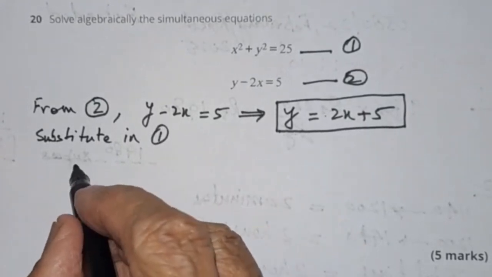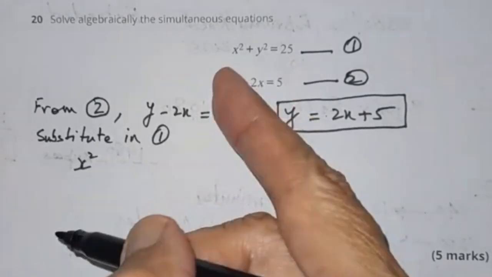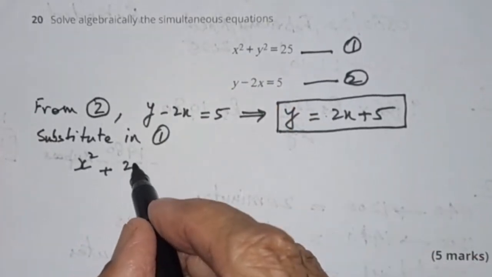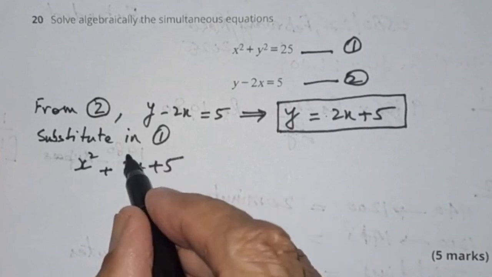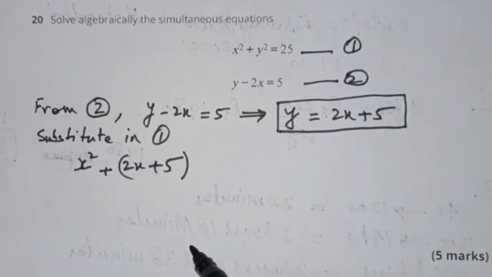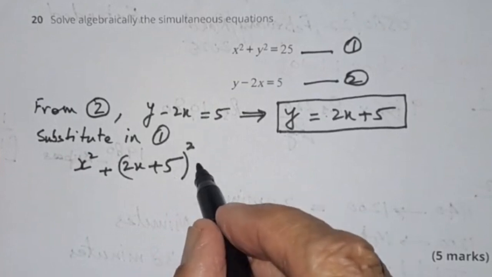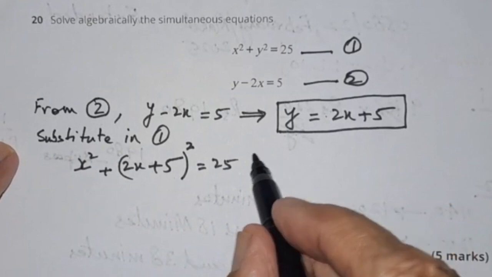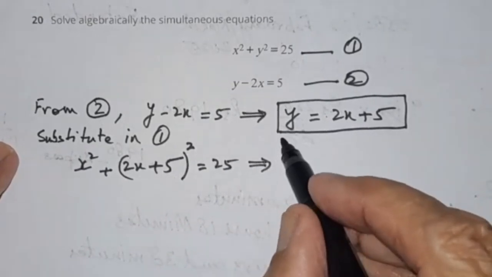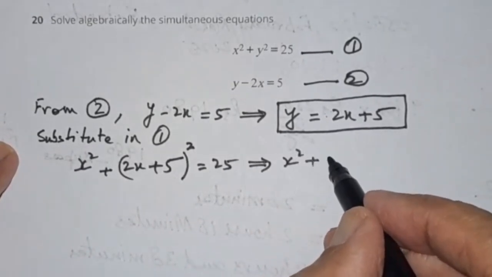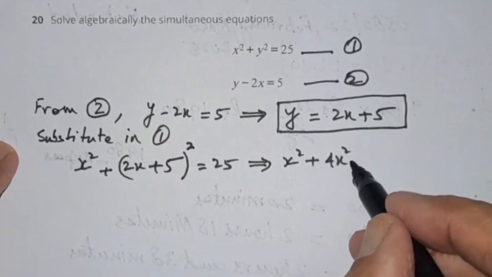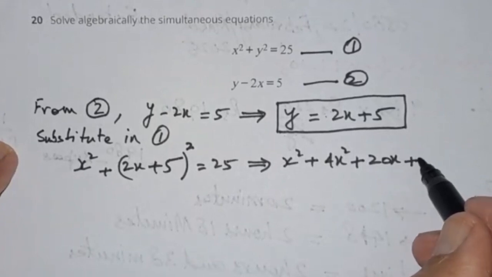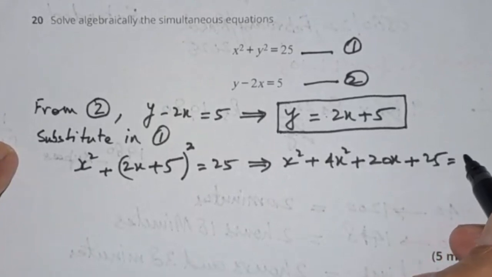We get x square plus, instead of y we write down, 2x plus 5 whole square equal to 25, and then we open up, and when we open up it will give us x square plus 4x square plus 20x plus 25 equal to 25.